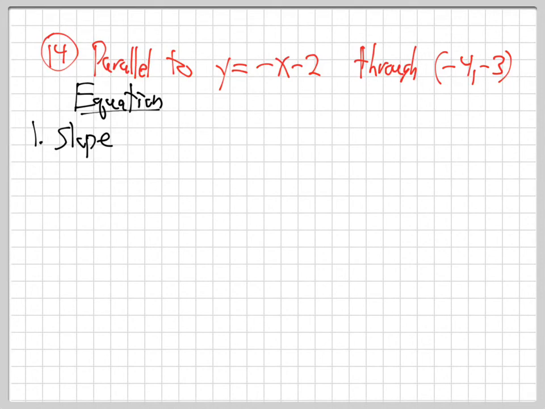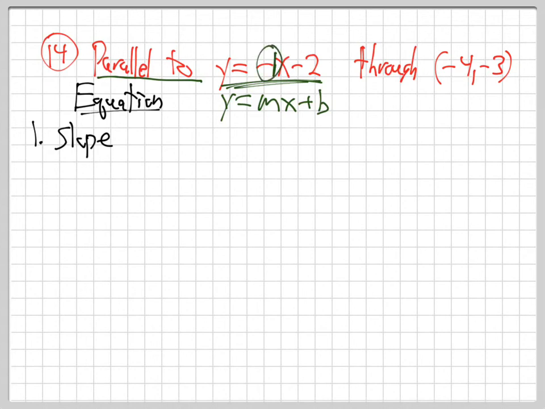So look at this. They're telling us that our equation is parallel to this other equation. What's the other one's slope? Can you tell? Yeah, because remember it's y equals mx plus b. So right here there's a -1 in front of x.